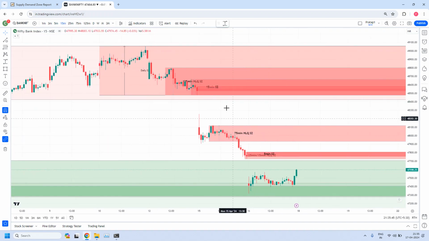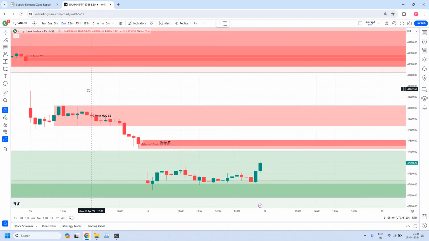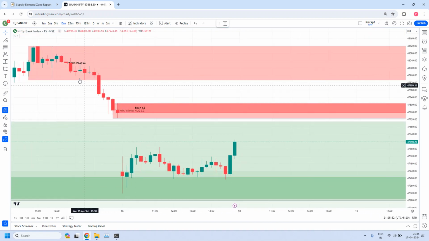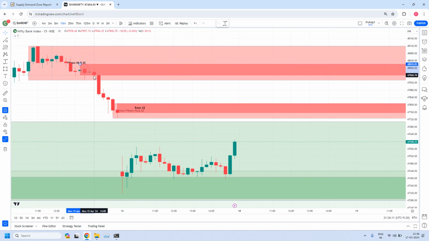There is a 75 minutes high liquidity zone here. Look into this 75 minutes high liquidity zone. We have a drop, 1, 2, 3, 4, 5 base candles, and we have a drop candle. This is the way you can fine tune this 75 minute zone. Drop, 1, 2, 3, 4, 5 base candles up to here.